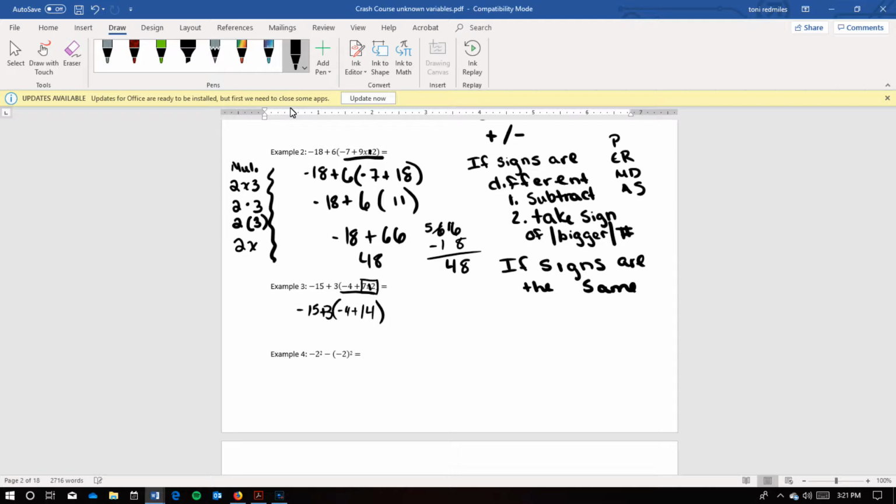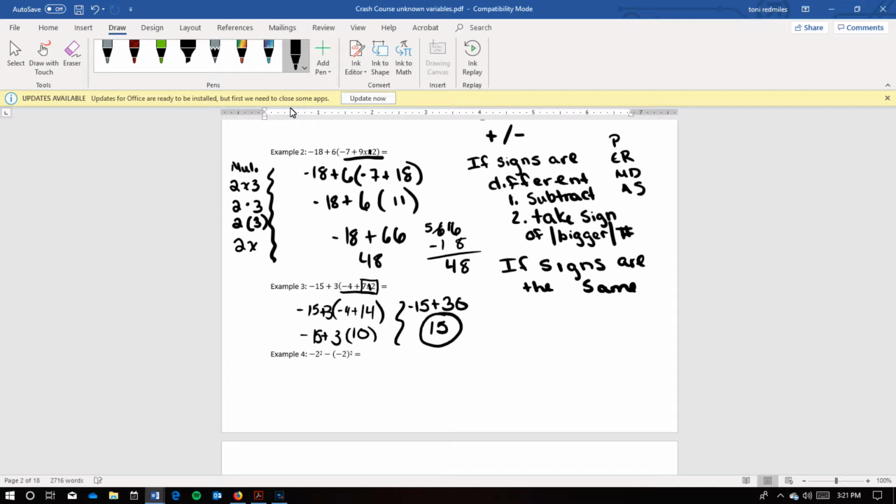Negative 4 plus the 14 is going to give me a positive 10. Three times 10 is 30. If I owe $15, but I have 30, I have $15 for the weekend, and that would be positive.